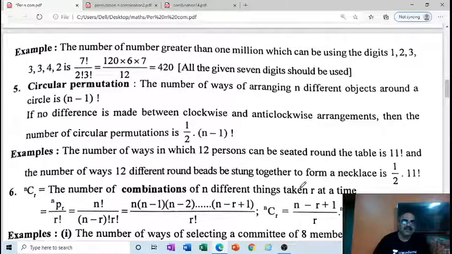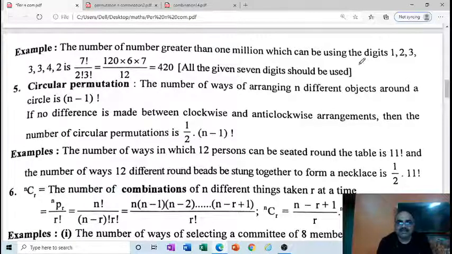So 3 is repeated thrice and 2 is repeated 2 times. How many digits are there altogether? 7 digits exist. So what is the formula? 7 factorial divided by 2 factorial into 3 factorial. Why 2 factorial? 2 exists twice and 3 exists thrice. So that is why 7 factorial by 2 factorial into 3 factorial.